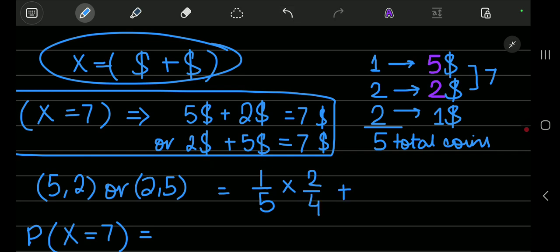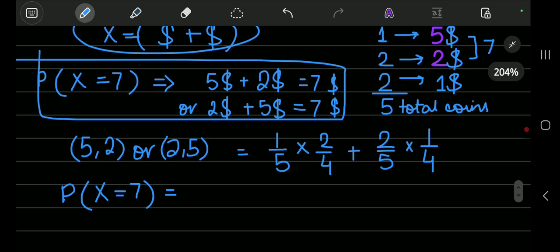Then the second possibility is 2 first. That would be 2 out of 5, since there are 2 coins out of the total, times the second being 5, so 1 out of 4, because now we are left with 4.